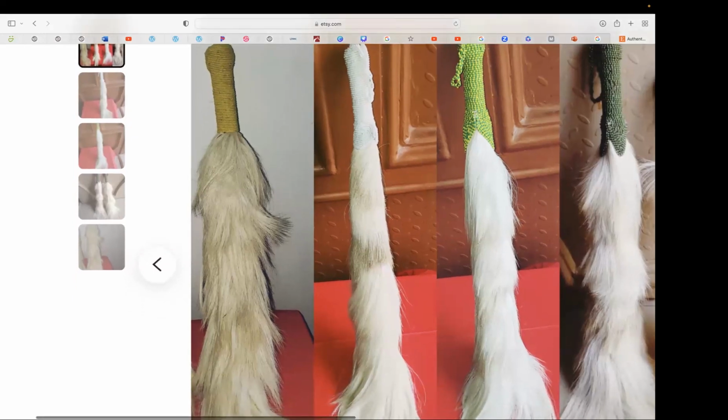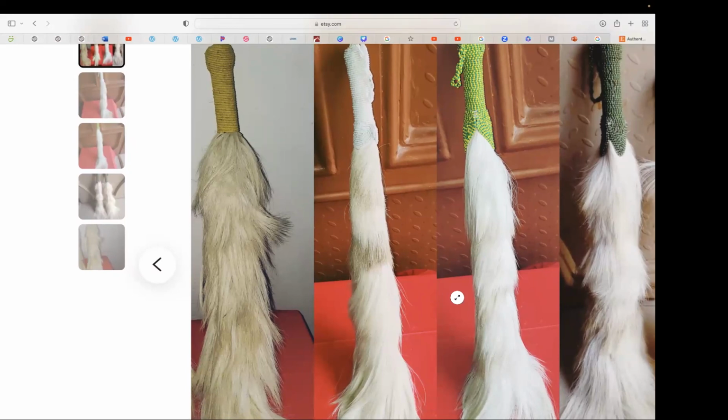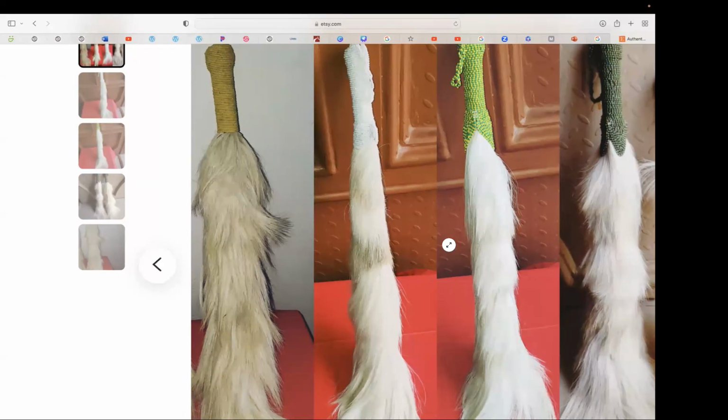That is why it is being held in the hand. So it symbolizes you being a king or coming from a royal family. And as you know, they believe that Ọbàtálá is a king. So that is why you need to have one.